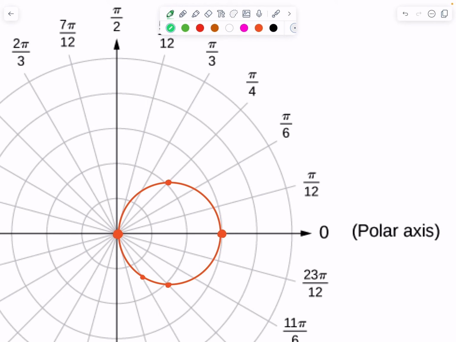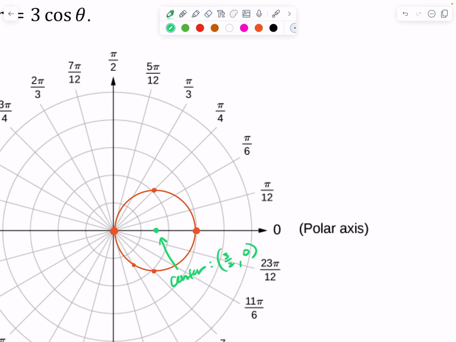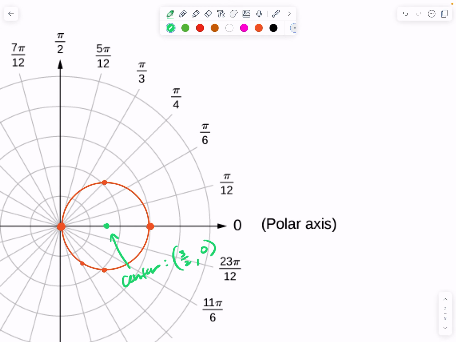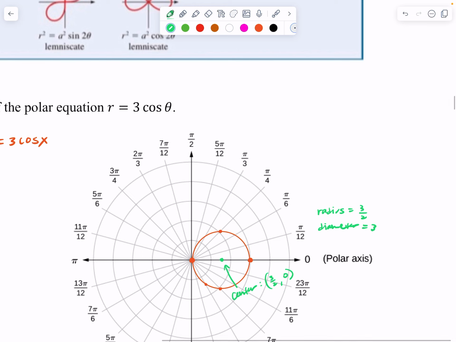It's actually centered at 3 halves, comma 0, thinking r comma theta. And this circle has a radius equal to 3 halves and a diameter equal to 3. So if we look at our equation, we see the 3, 3.